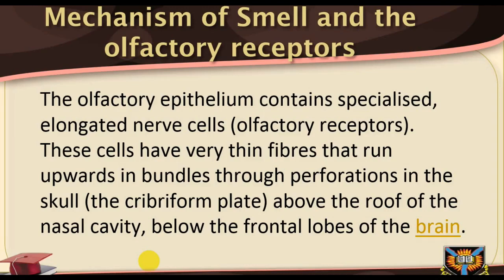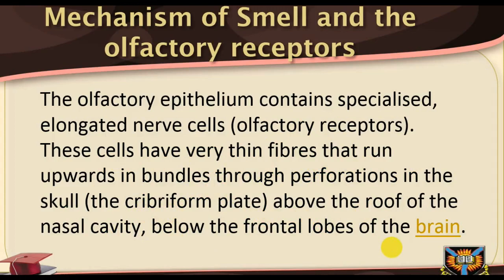The olfactory epithelium contains specialized elongated nerve cells, olfactory receptors. These cells have very thin fibers that run upwards in bundles through perforations in the skull, the cribriform plate, above the roof of the nasal cavity, below the frontal lobes of the brain.